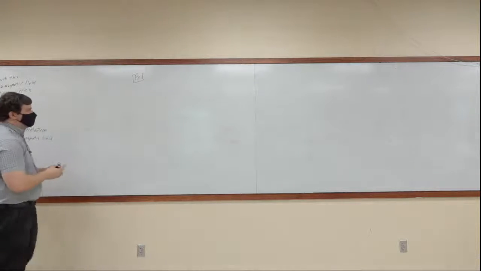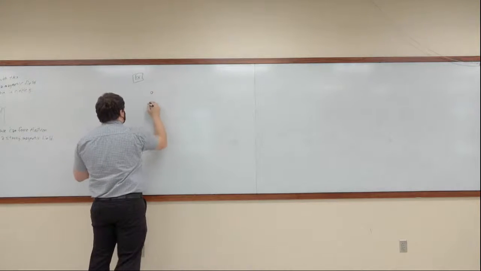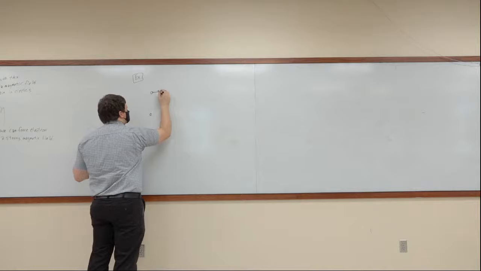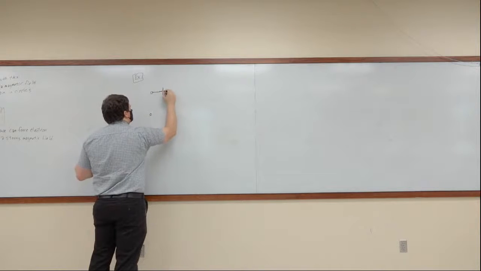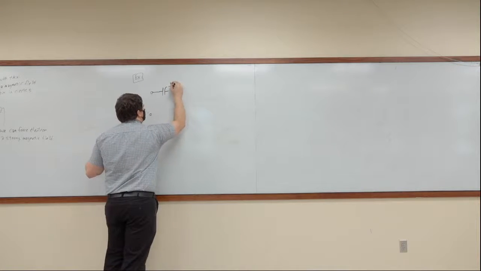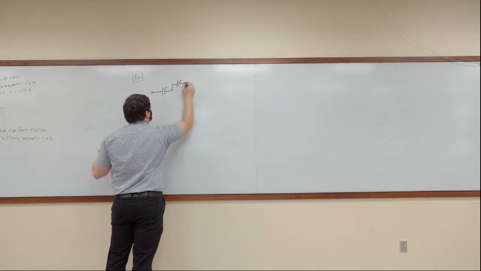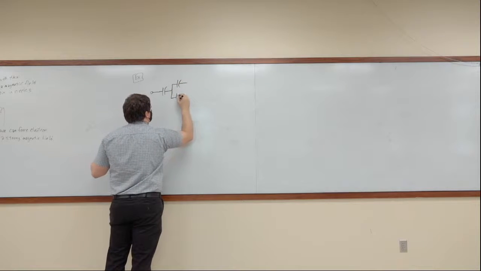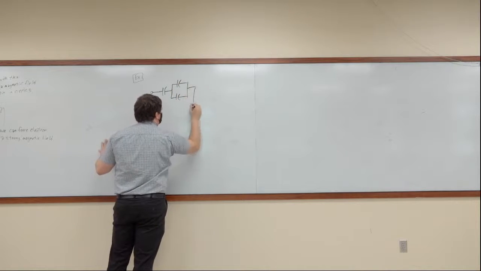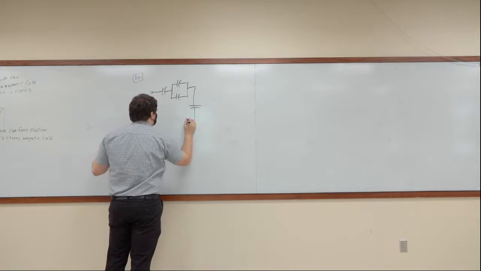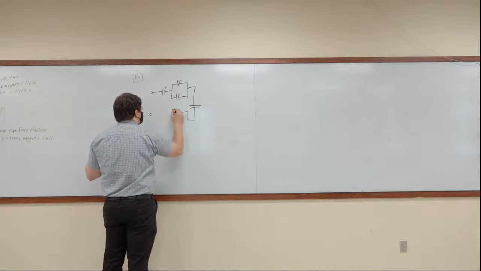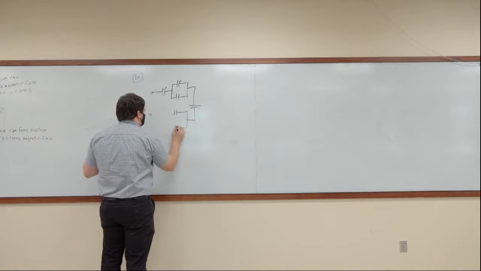All right, so let's say I'm just going to take two terminals. I'm not going to apply a power source. But what I'll do is I'll have a capacitor, then I'll have a capacitor, capacitor. I'll have it go into a capacitor, and then separate into a capacitor and a capacitor.